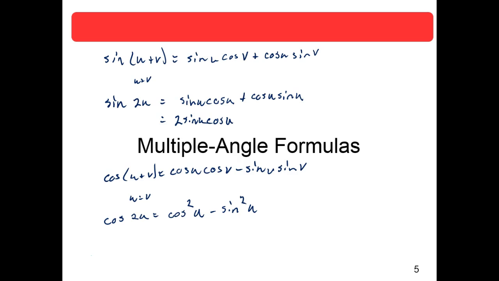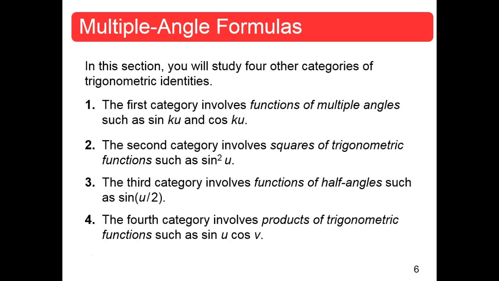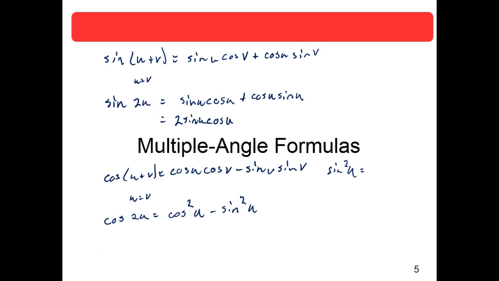Well, before we move on to tangent, like I said, this looks a lot like a Pythagorean identity, doesn't it? Give me two ways to express the Pythagorean identity other than sine squared plus cosine squared is equal to 1. What is sine squared by itself?